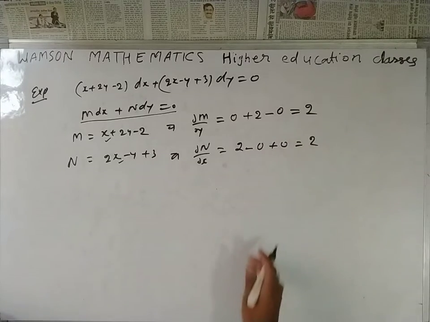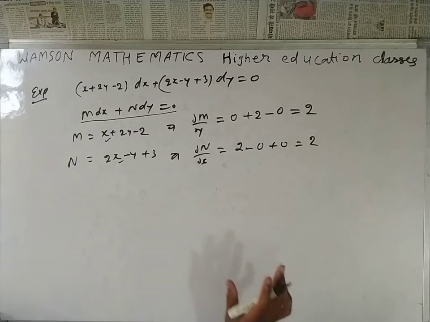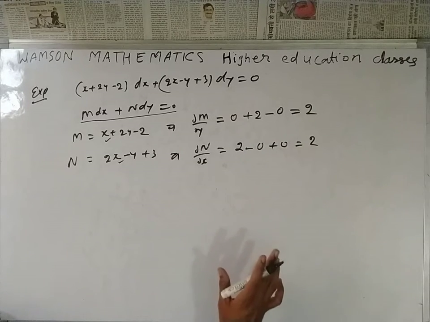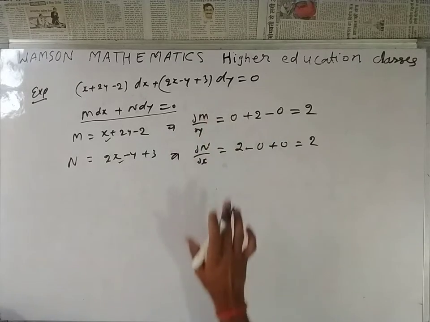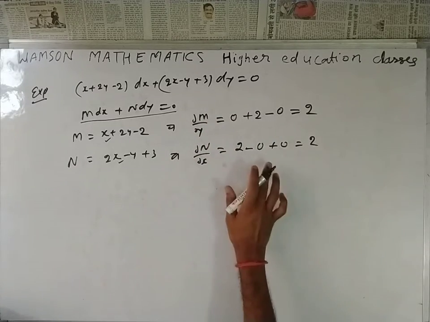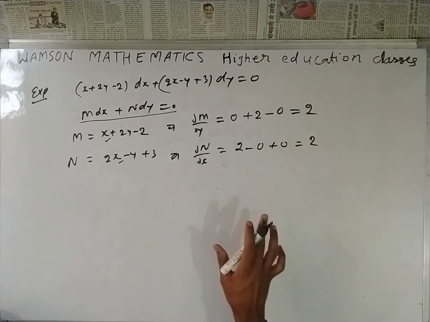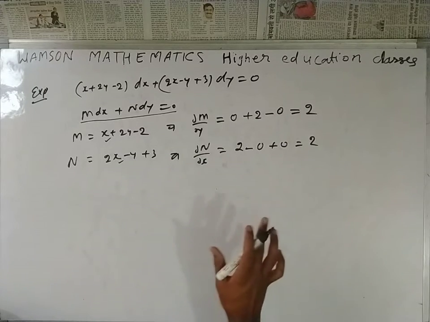So both are equal, so this is exact. By this method we can check whether the equation is exact or not. This condition is satisfied, so the given equation is exact.